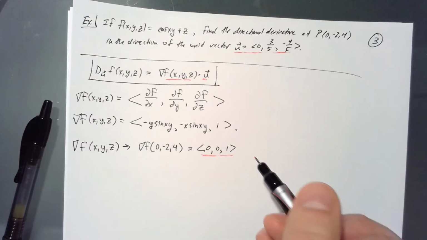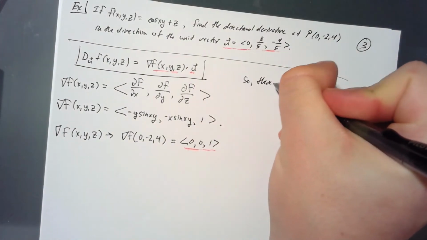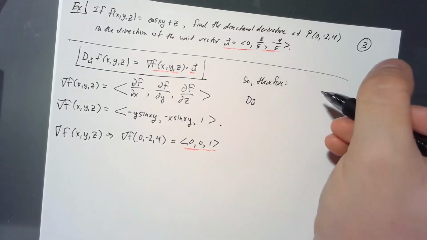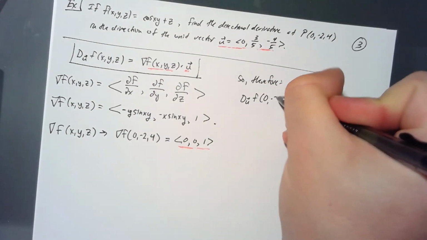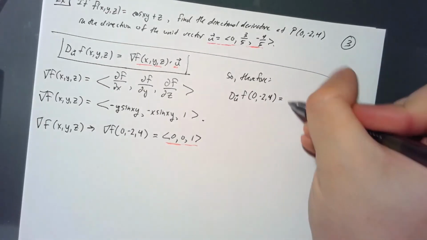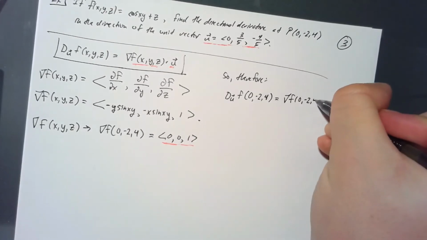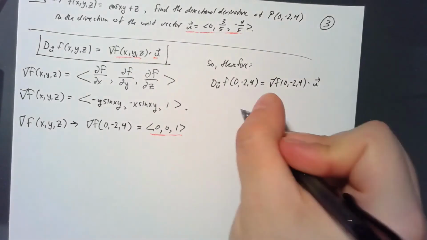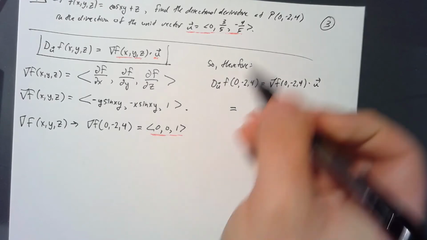So now I can compute my directional derivative. So therefore, the directional derivative of the function at the point (0, -2, 4) equals the gradient of f at (0, -2, 4) times u, which is the dot product between this vector and this vector.